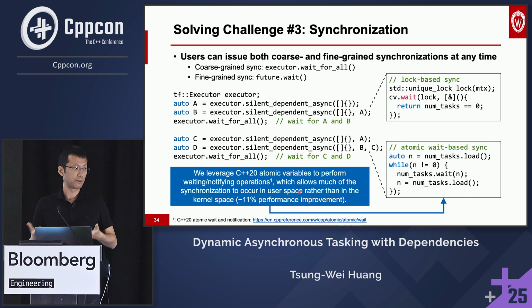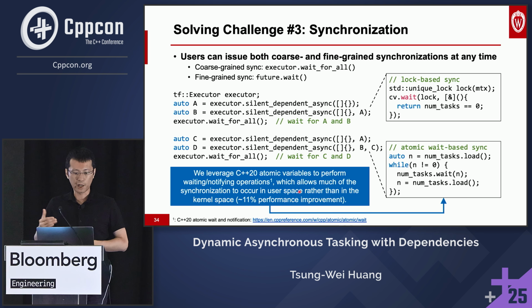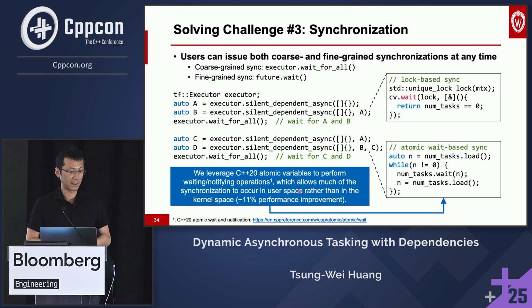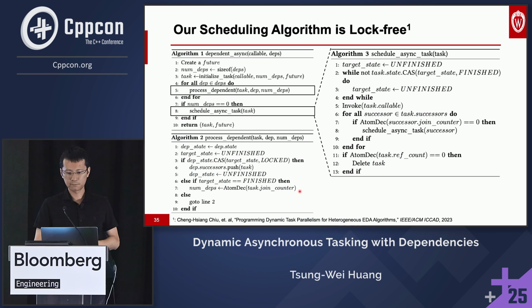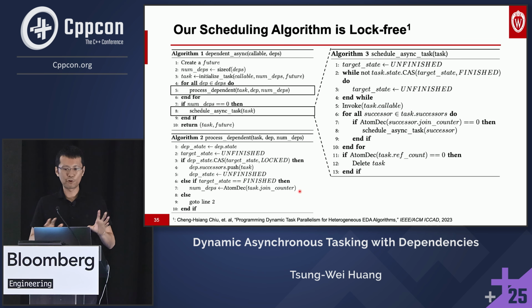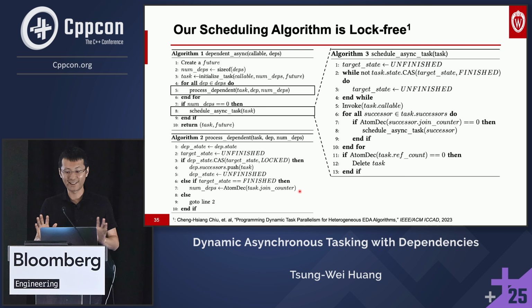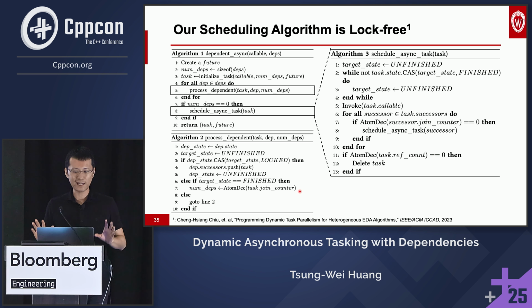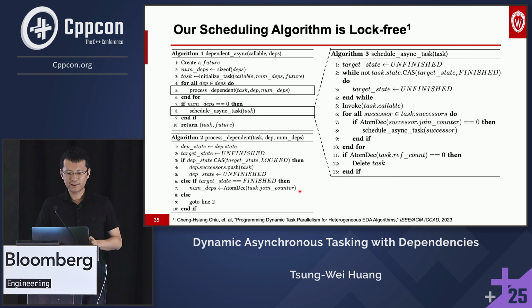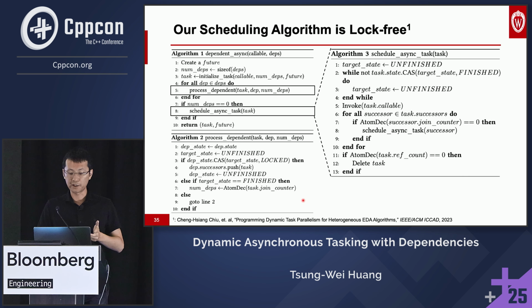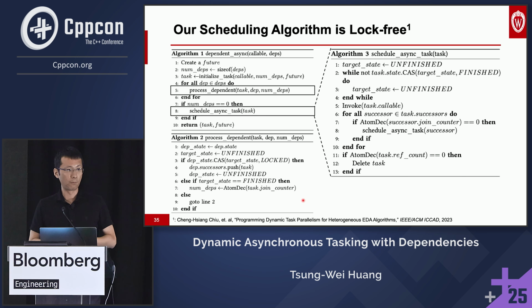In our experiment, we found that by simply doing this, we achieve about 11% performance improvement. With all these ideas, our scheduling algorithm is completely lock-free. There is no mutex involved, of course, with C++20. Again, we have published this algorithm in ICCAD 2023, and I encourage you to check out the paper for more details.